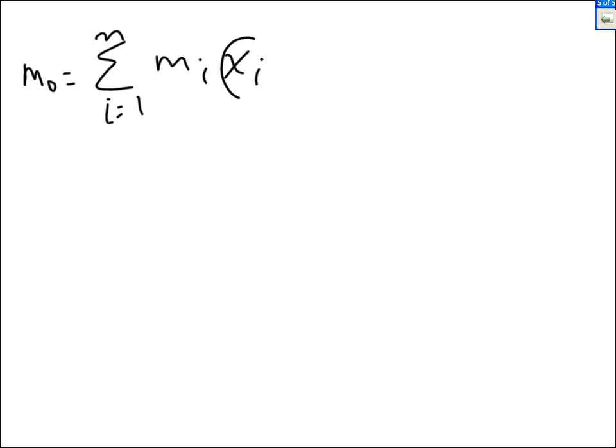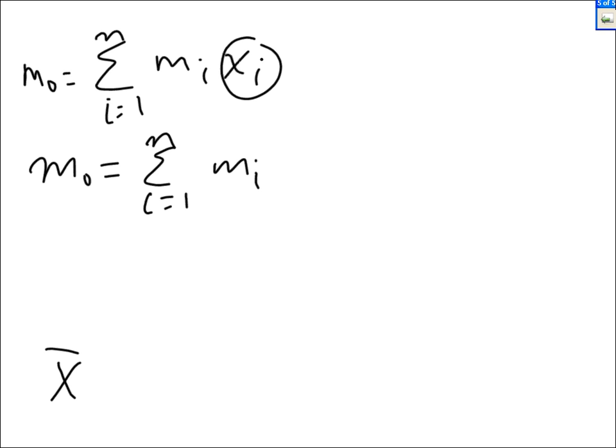Well, if I translate each distance to the right, say 2 units or k units, let's call it x bar. Well, what's going to happen is, instead of x sub i, I'm going to have x sub i minus x bar. And now, it's in equilibrium. It's going to be 0.